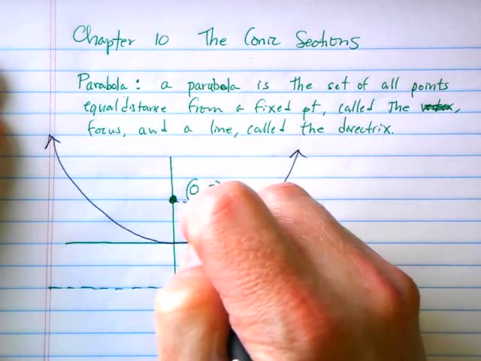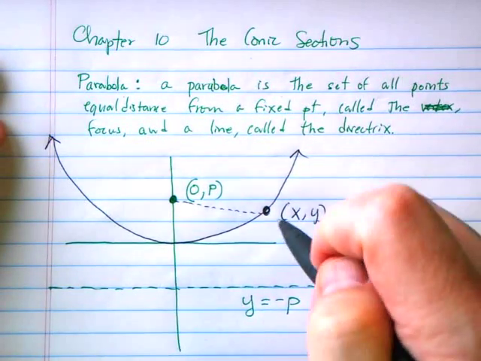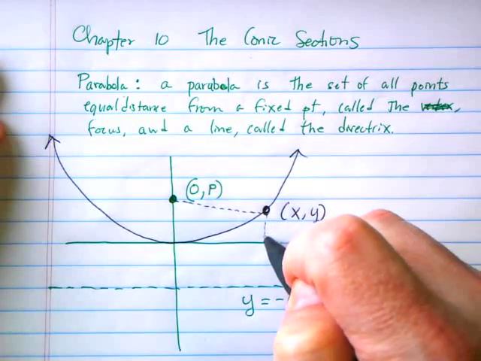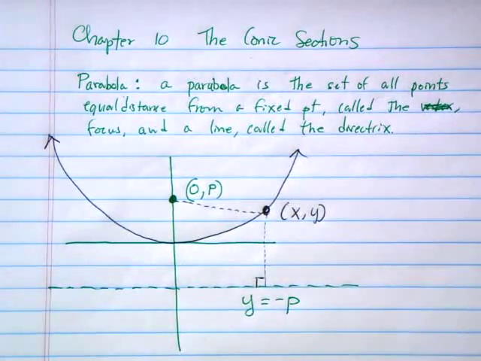The definition says the distance from the focus to the point has to be exactly the same as the distance from the line to the point. We're going to use that information to create the equation of a parabola.